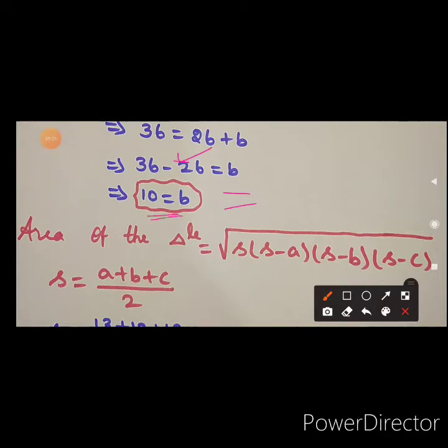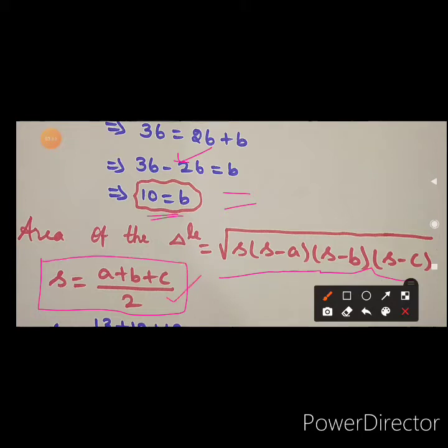Now we find out the area. Area of the triangle, by Heron's formula, is square root of S into S minus A, S minus B, S minus C. Here A, B, C are known values, S is unknown, so we have to find S. S is the semi-perimeter, so S is equal to A plus B plus C by 2.